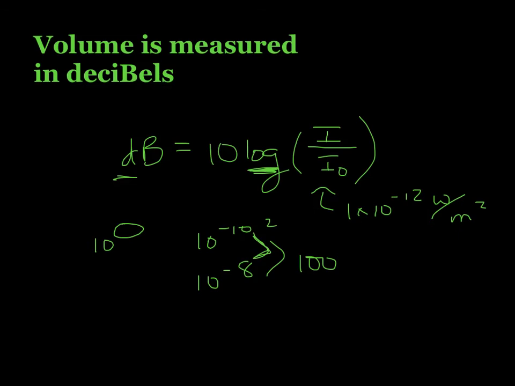So this is very much like the pH scale that you saw in chemistry, where if you went from a pH 2 to a pH of 4, that was a difference of 100 times. Okay, same thing, except for, remember we have this 10 in front.